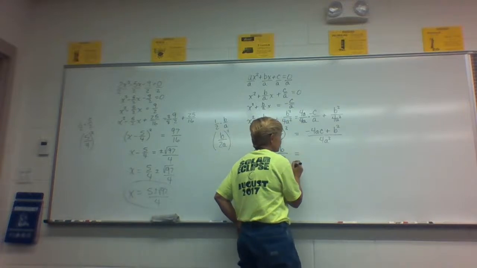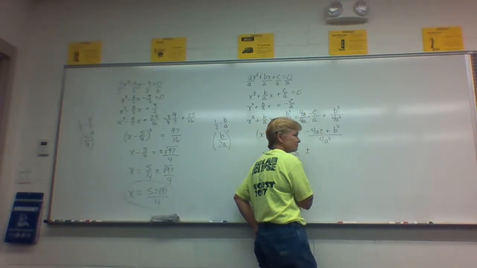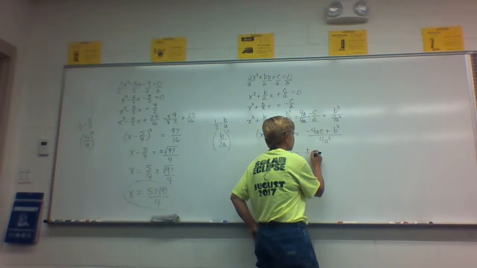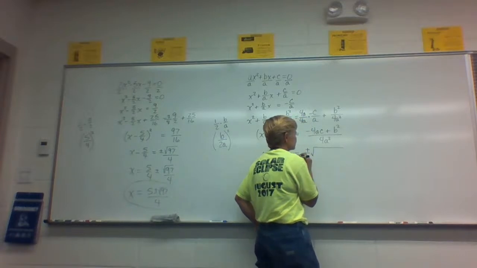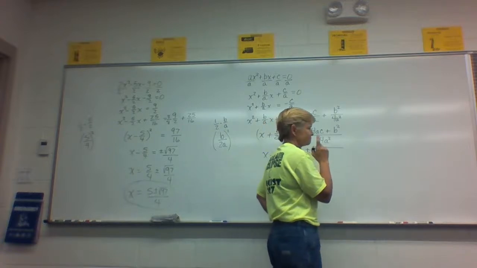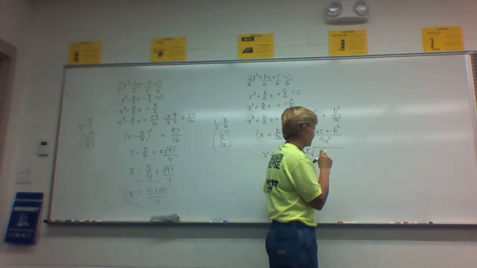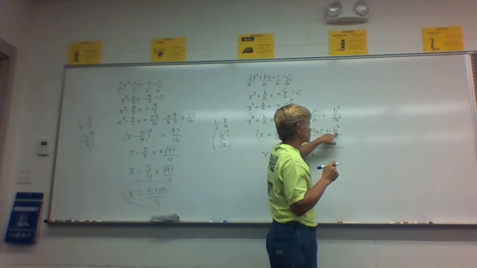Now be careful. Be very careful. First of all, you will get plus or minus. That's a given. Let me tell you a secret. You guys knew this, you just have forgotten it. When you go to square root this numerator, for example, you cannot square root this term by itself.